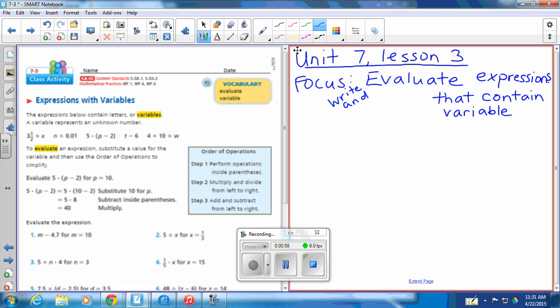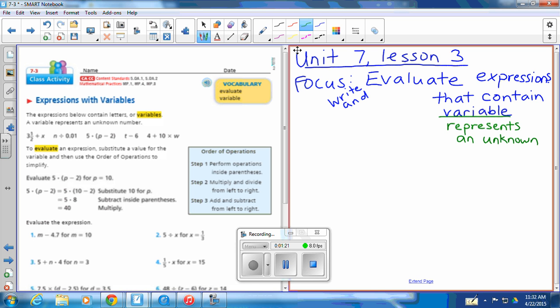Okay, so remember a variable, use a different color. A variable represents an unknown number. Okay, so if you see n or x or a letter inside your expression, you know that that represents something that's unknown. We're not sure what that number is.